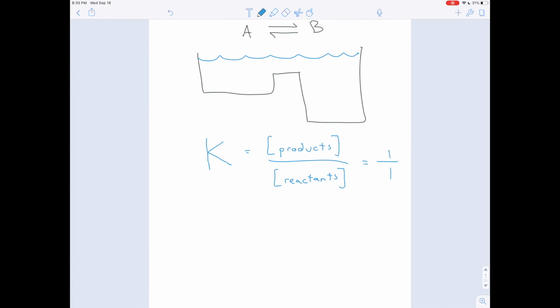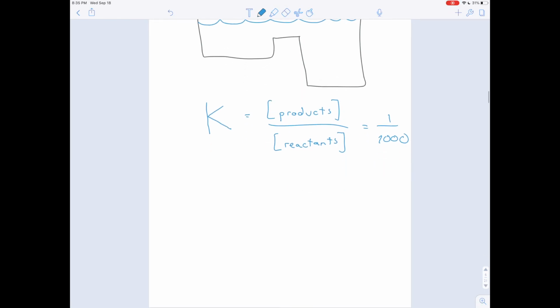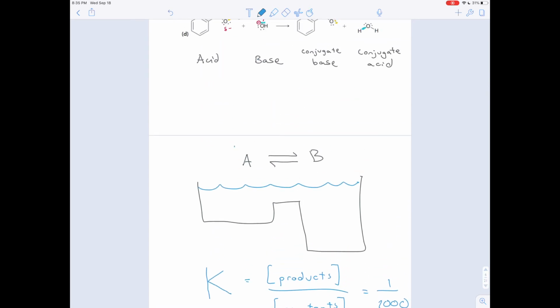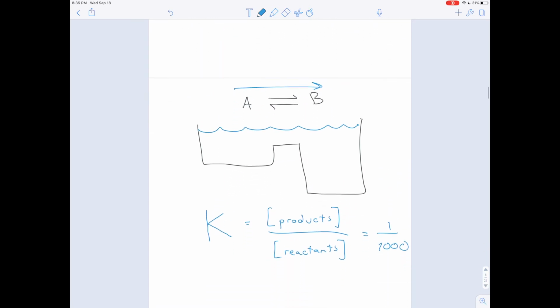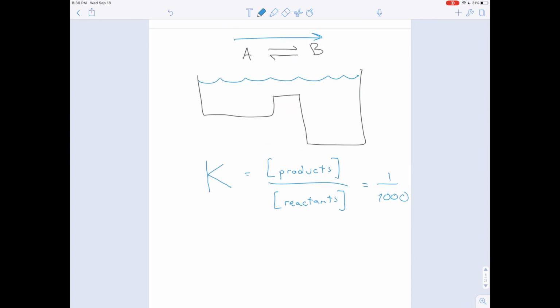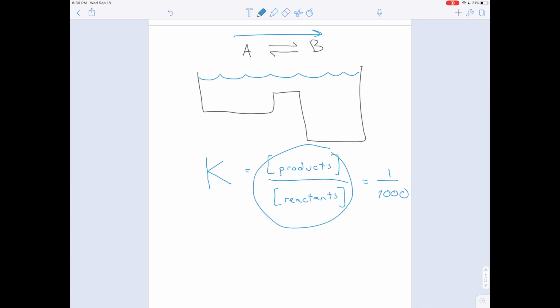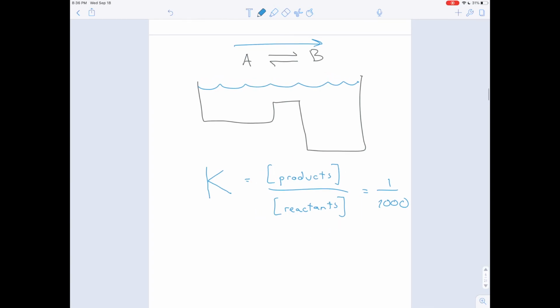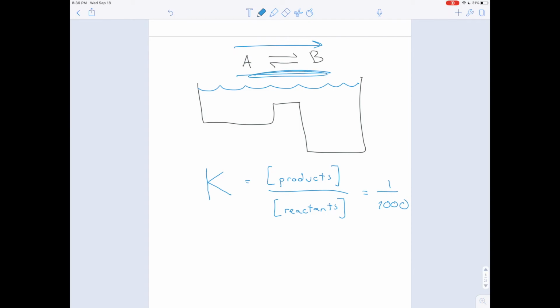And if K was a small number, like 1,000th, then you have more reactants than products. So K is a number that tells you how far forward this reaction goes, how bright that dimmer switch is in an equilibrium. In general chemistry, you would have seen lots of different types of K: Ka, Kb, Kw, Ksp. They were all products over reactants. And those little letters were just telling you what type of a reaction this was.